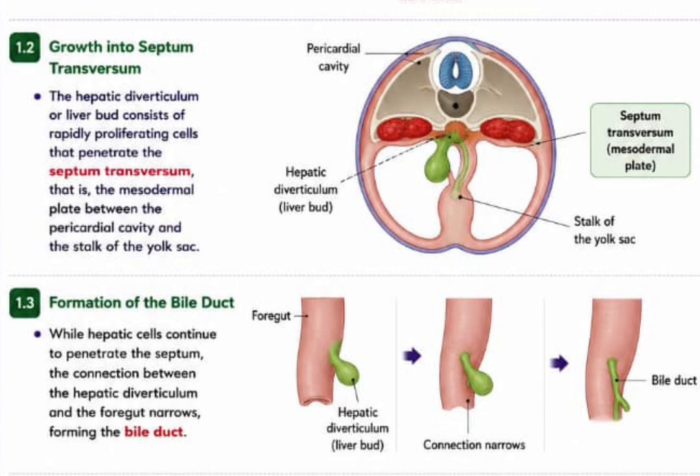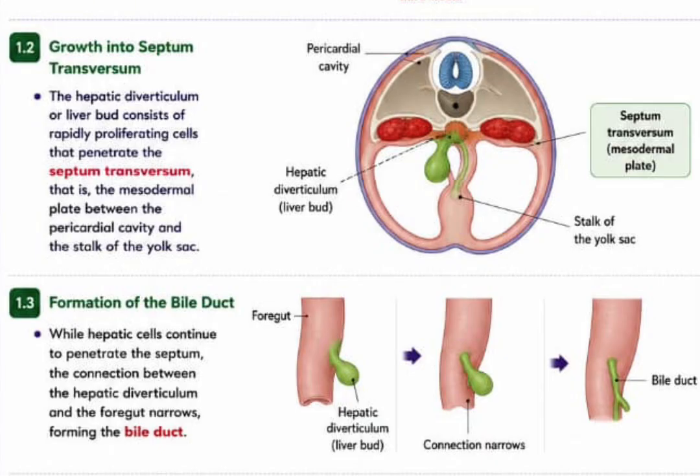So the septum transversum in the IUL, which is intrauterine life, separates the pericardial cavity and the stalk of the yolk sac. Since the hepatic cells continue to penetrate the septum transversum, the connection between the hepatic diverticulum, or the liver bud, and the foregut, the narrowed part of the foregut, becomes the bile duct.